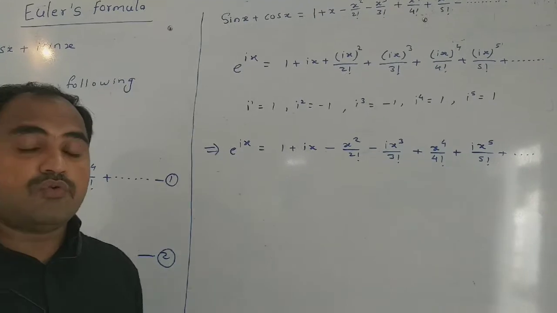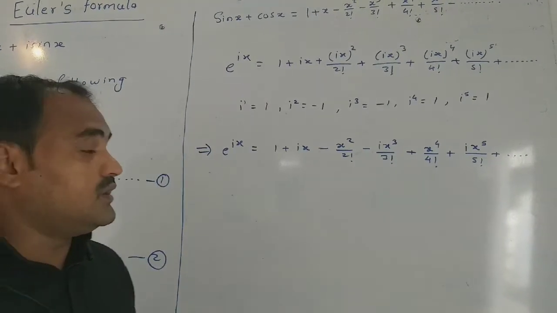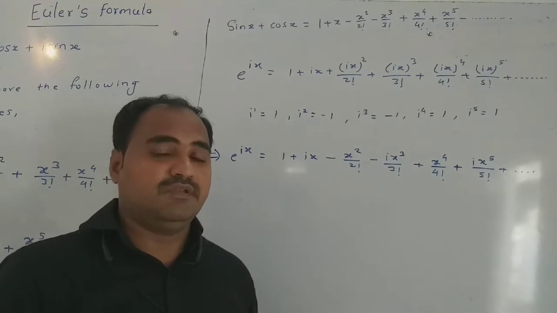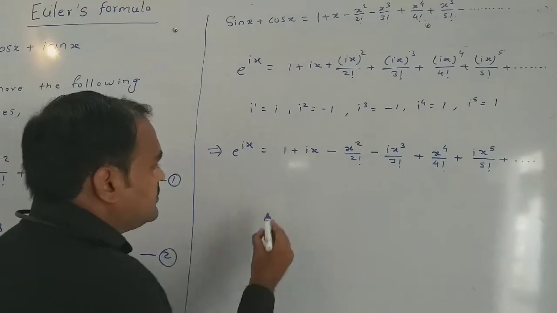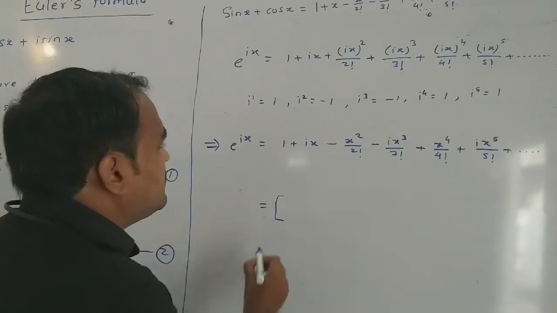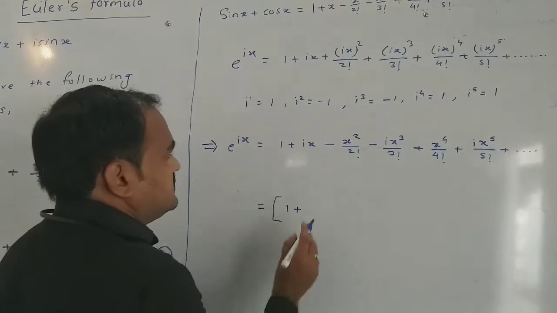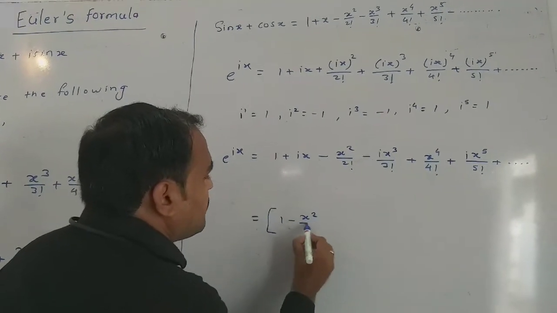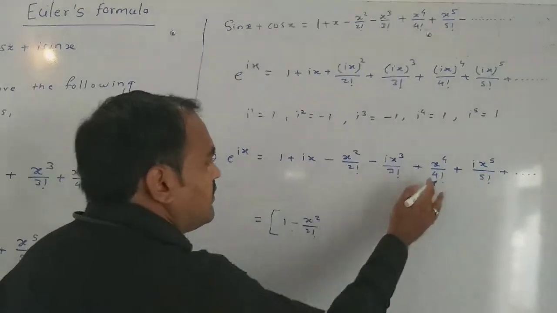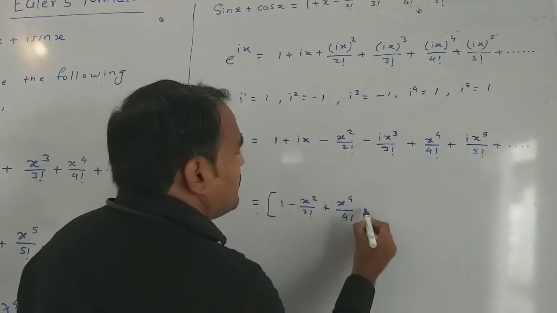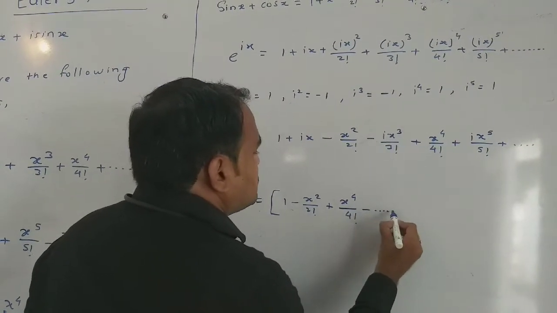Now we equate the real part and the imaginary part, so we separate them. First we take the real part: 1 minus x square upon 2 factorial plus x to the power 4 upon 4 factorial minus and so on.